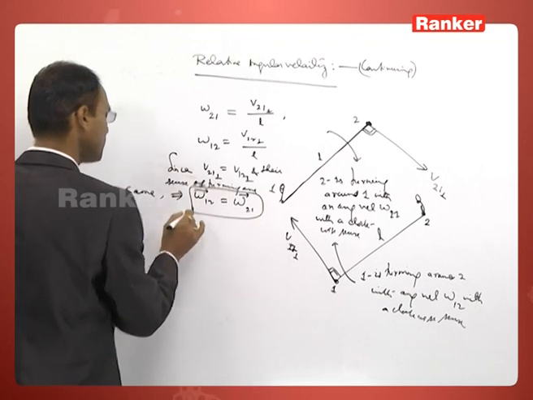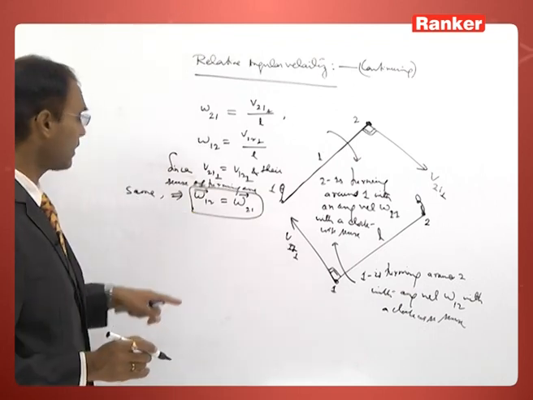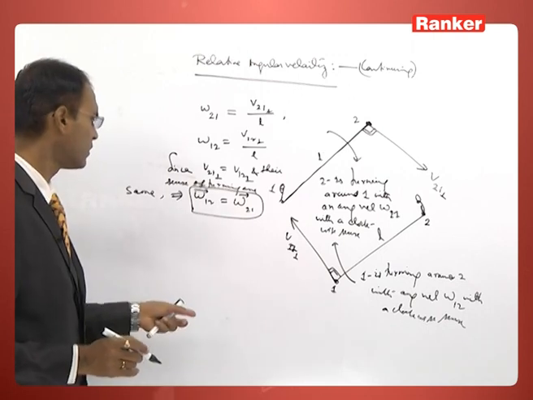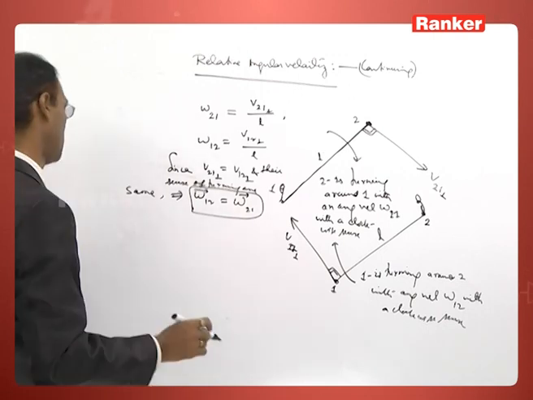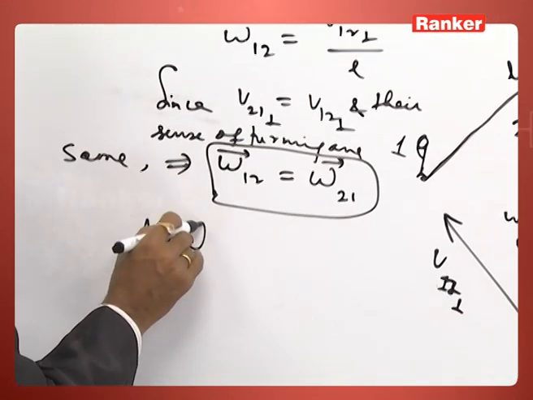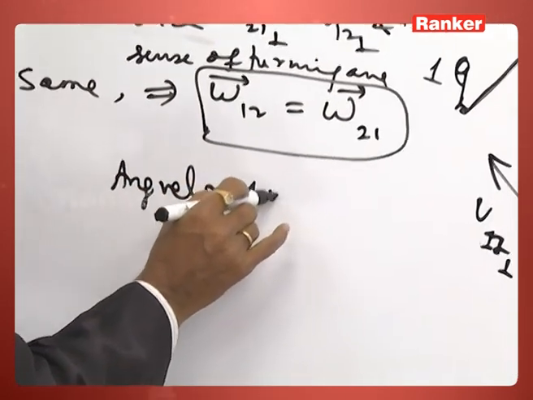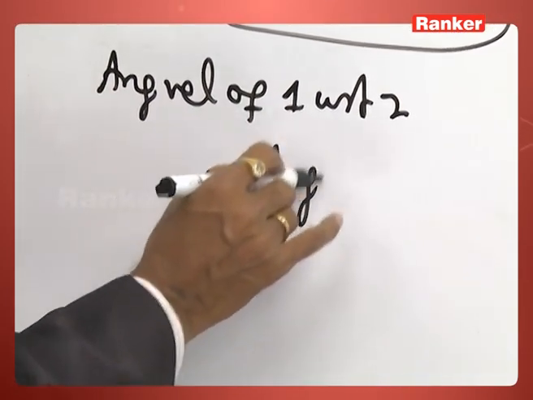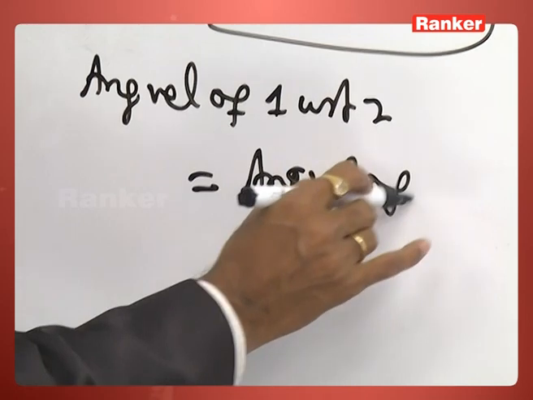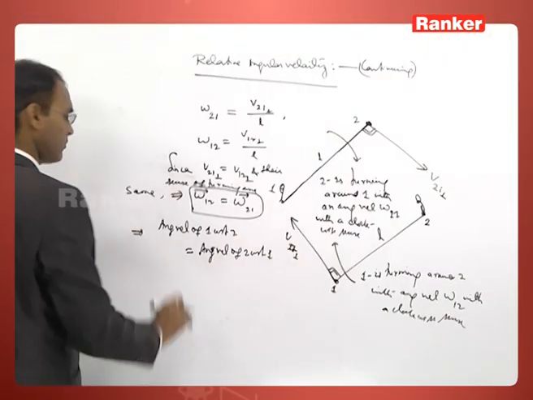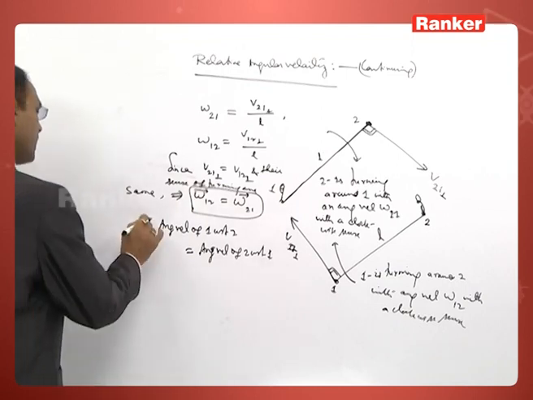These two angular velocity vectors must be equal in magnitude, and also direction. So angular velocity of 1 with respect to 2 is exactly equal to angular velocity of 2 with respect to 1. This is the idea.